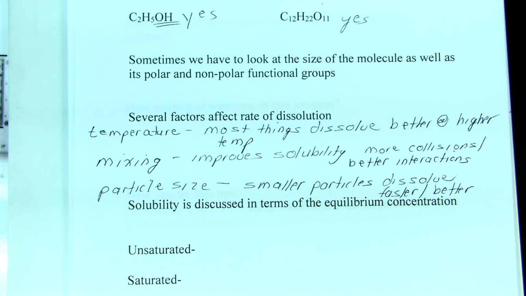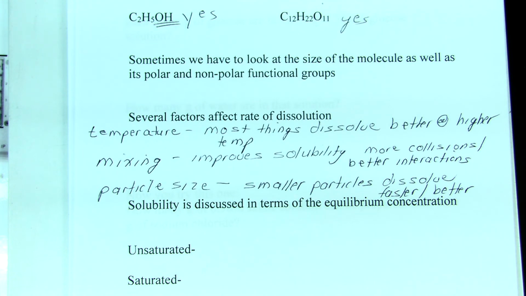So when we talk about solubility, we always are talking about the equilibrium concentration. And when we talk about equilibrium concentration, we're talking about taking a bunch of solid and just dumping it in a beaker and letting it sit there. And after time, some of it will be dissolving and some will actually be precipitating out at the same rate.